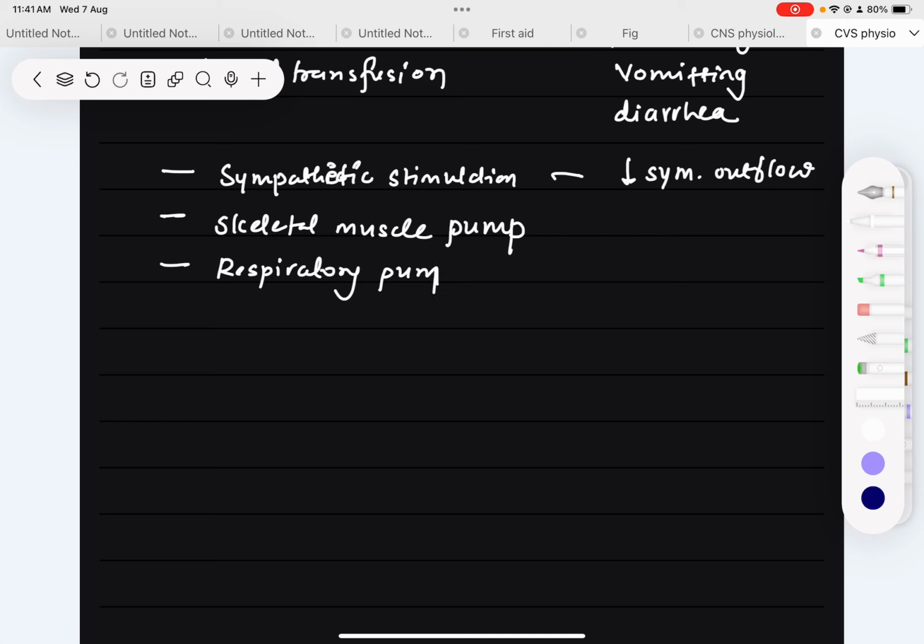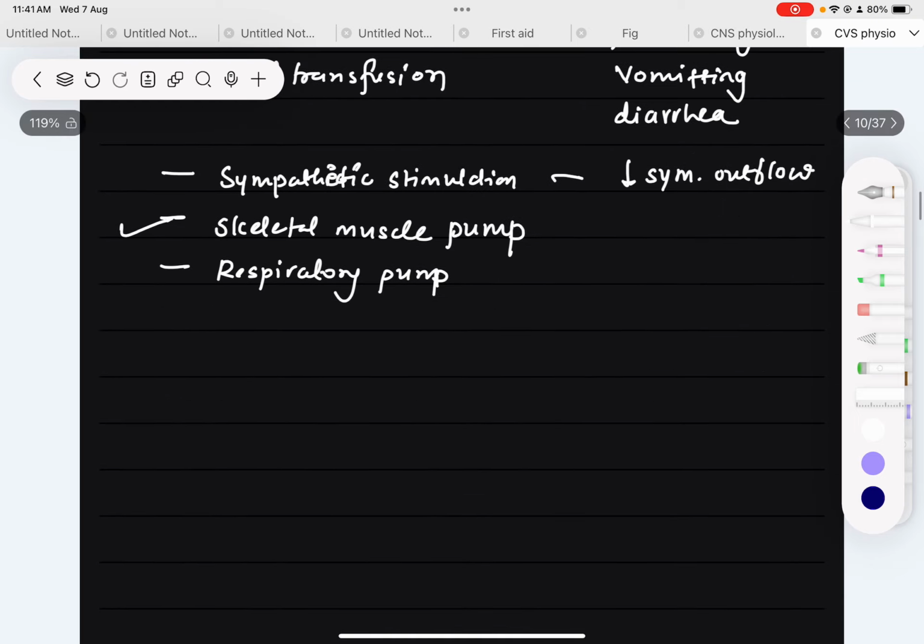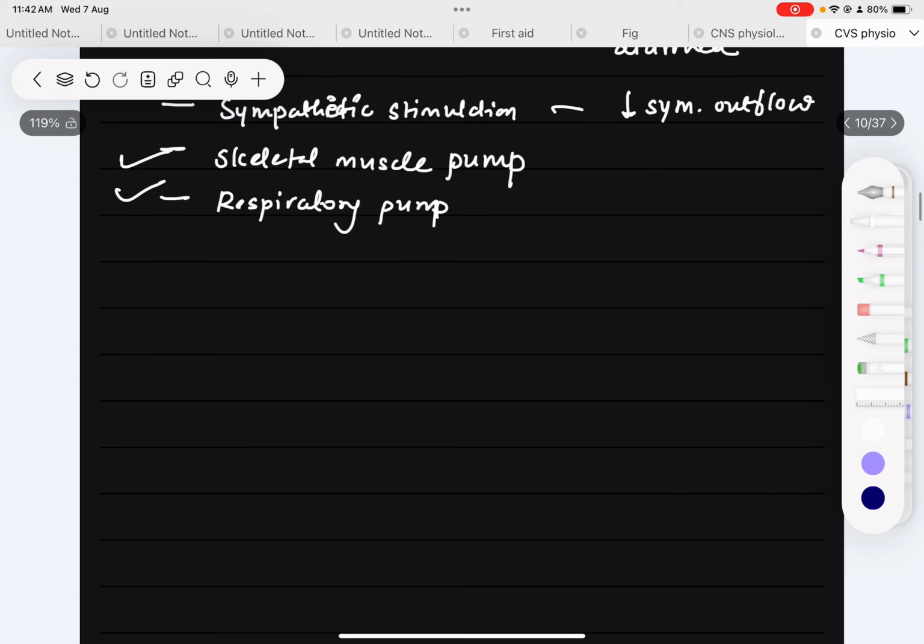What will happen when you do deep breathing? Intrathoracic pressure will be very negative, very subatmospheric during inspiration. In normal or deep breathing there will be so much negative pressure that it will cause a suction effect on the veins. So the respiratory pump and skeletal muscle pump are important.